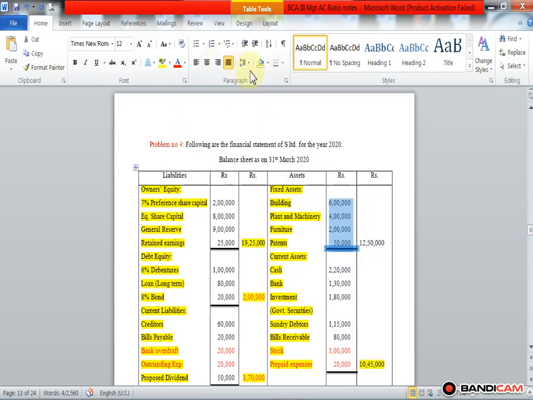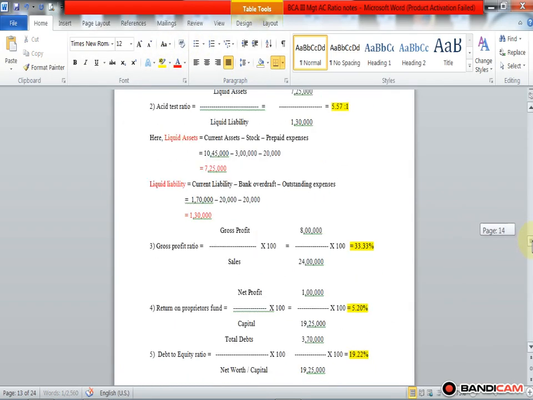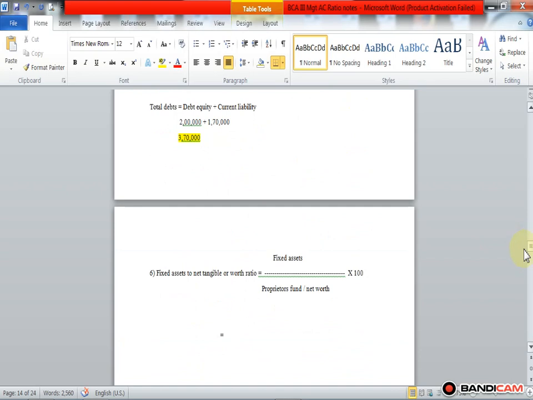12 lakh 50,000. So put this amount in the formula.